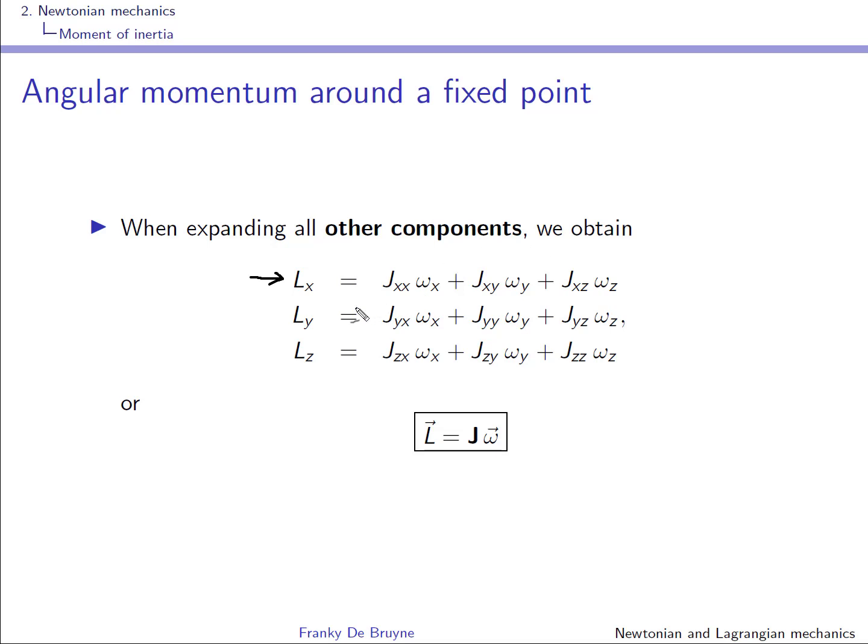You can do the same thing for the y component and z component, and this is what you obtain. Here you can rewrite it in a nice notation where you have again the total angular momentum, the angular velocity vector, and what is called the inertia matrix. It's often called like that.